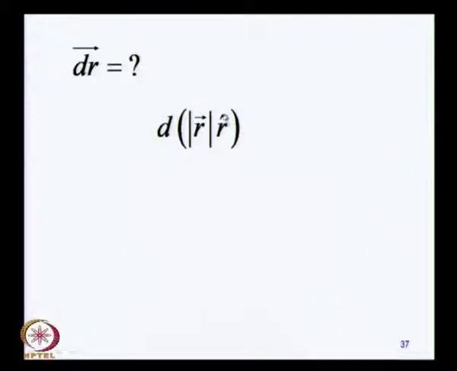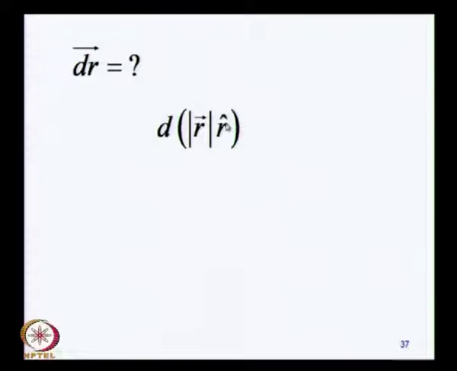Okay. So, this is a unit vector, this caret is our symbol for a unit vector. So, the position vector itself has got 2 components, one is the magnitude, the other is the direction, and the change, which is this differential increment, may come either because of change in magnitude or because of changes in the direction or because of both.